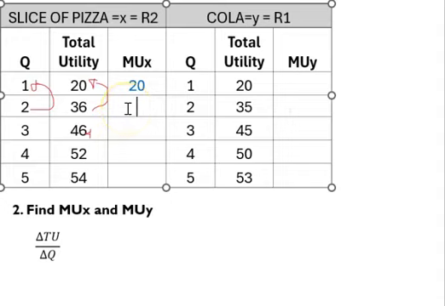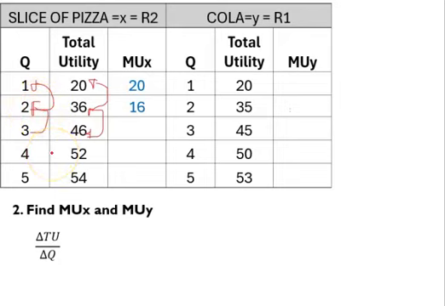and that gives us 16, right? And what about when the boy consumes 3 slices of pizza? Then we get 46 minus 36, divided by 3 minus 2.